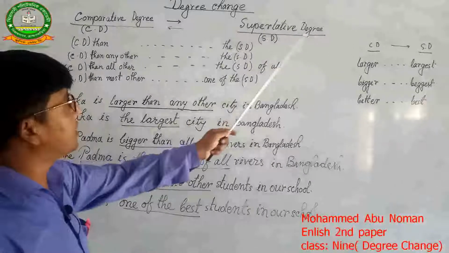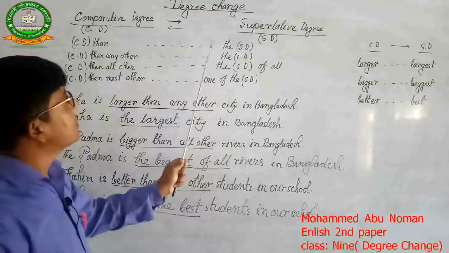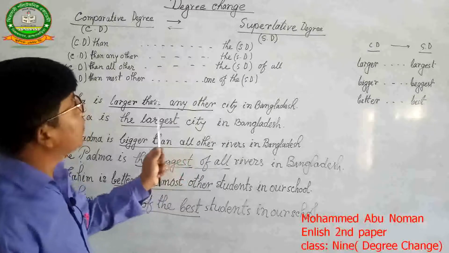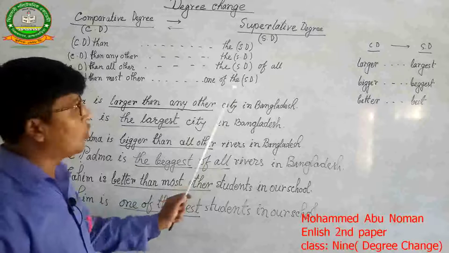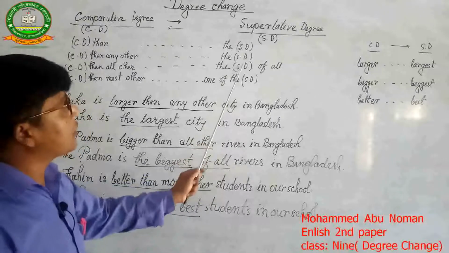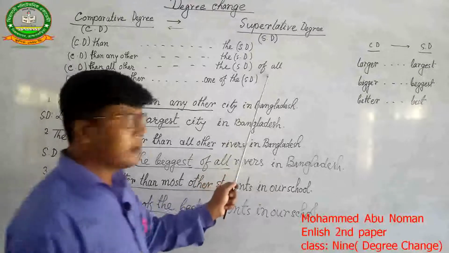And for the superlative degree, before the superlative form there will be "the" or "one of the", and at the end after the superlative form we may use "of all". It may be there or not.